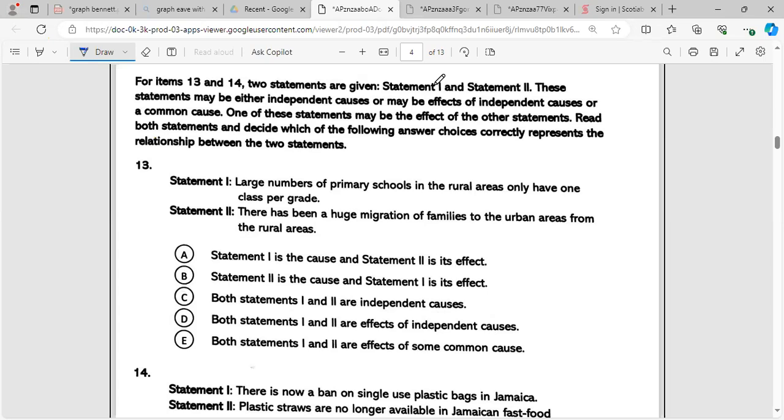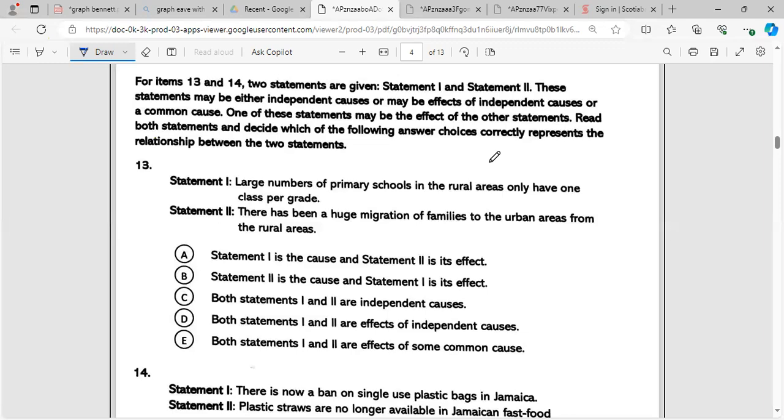For 13 and 14, two statements are given: statement 1 and statement 2. These statements may be either independent causes, or may be effects of independent causes or a common cause.